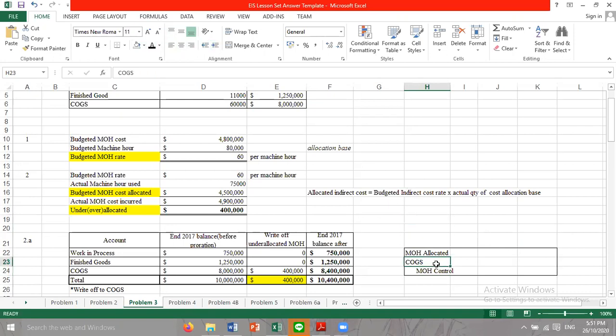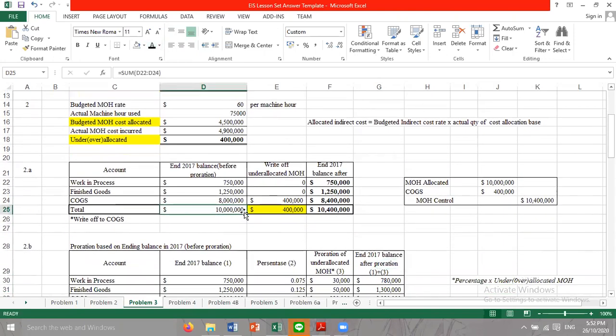The logic here is that since MOH allocated is under allocated, we need to allocate the remainder into the cost of goods sold, or the difference of the MOH control to the cost of goods sold. In this case, the MOH allocated was 10 million, the cost of goods sold is 400,000, while the MOH control is 10,400,000.